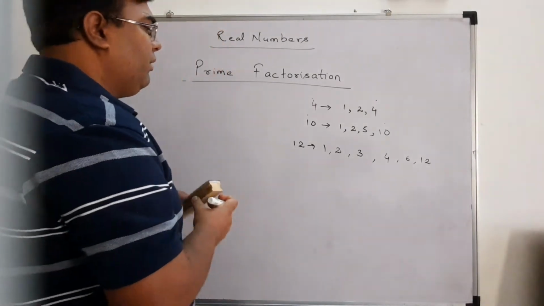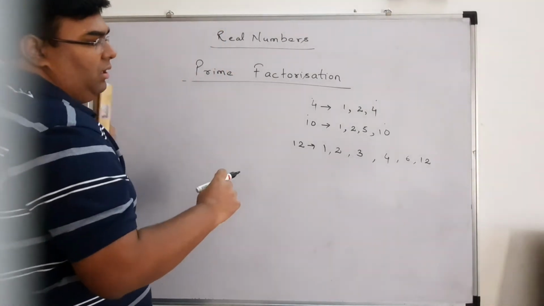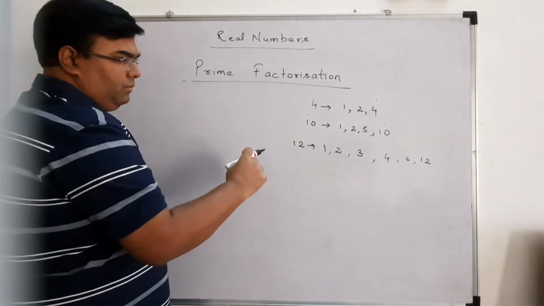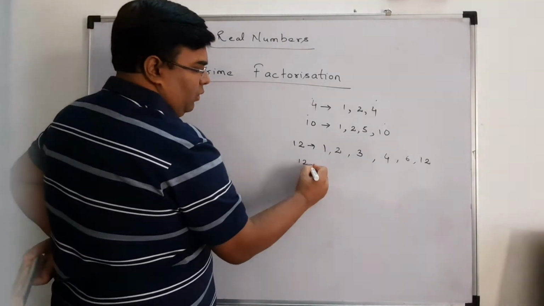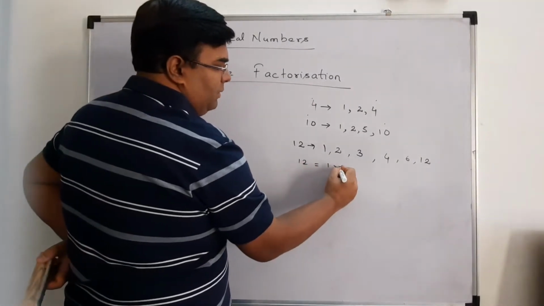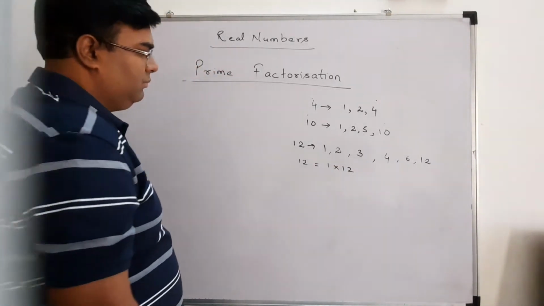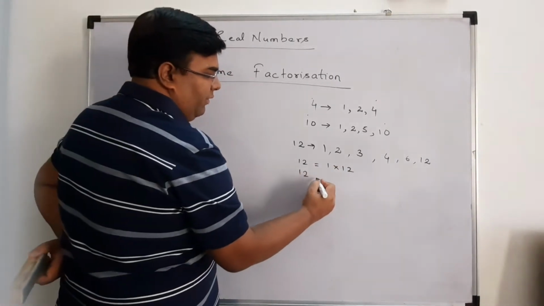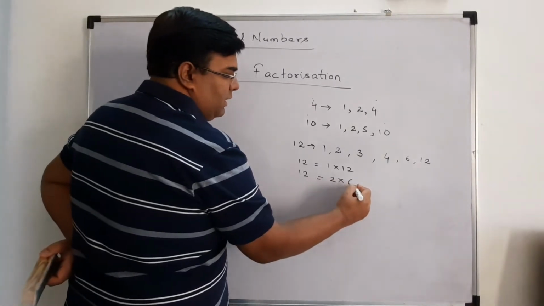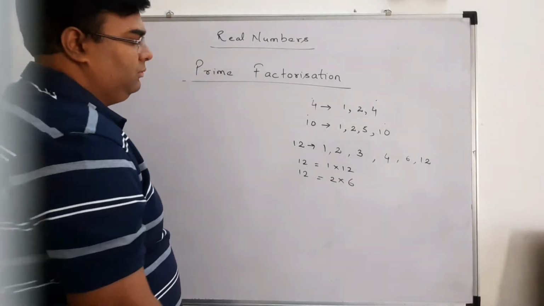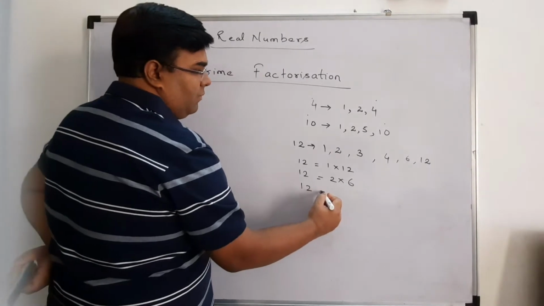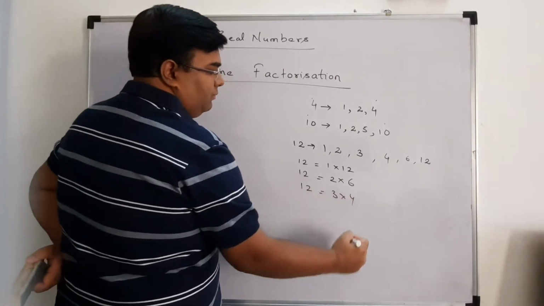So now we can write this 12 as what? 12 as 1 multiplied by 12. Correct? Or we can write it as 2 multiplied by 6, or 3 multiplied by 4.